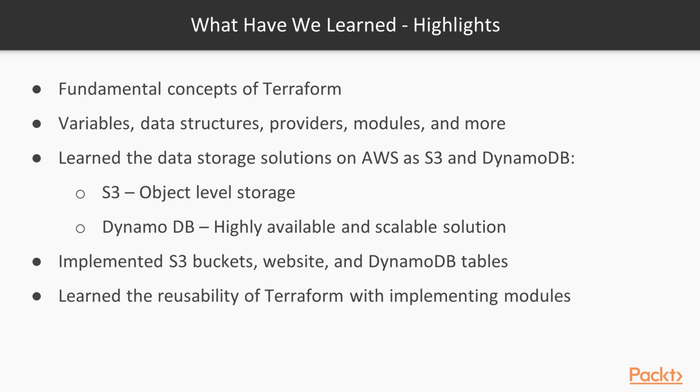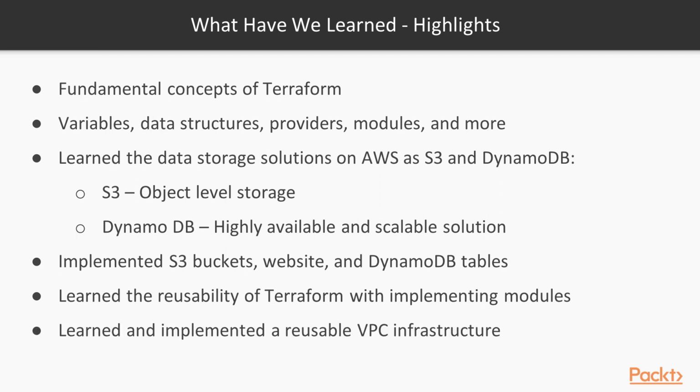And we also moved on to the reusability aspect and the modularity aspect of Terraform, and we covered implementing modules with it. So to implement that module, we implemented our own VPC networking infrastructure with Terraform. And while we were implementing, we covered what we were doing and what the purpose of the thing we were implementing is.